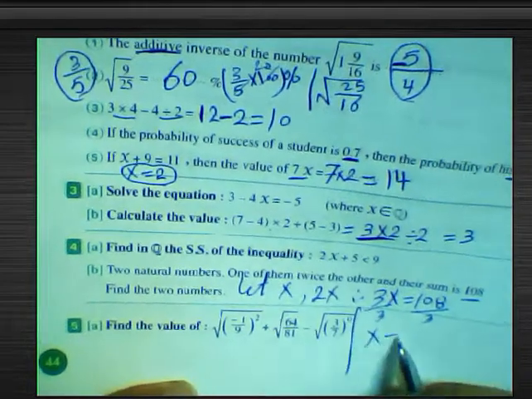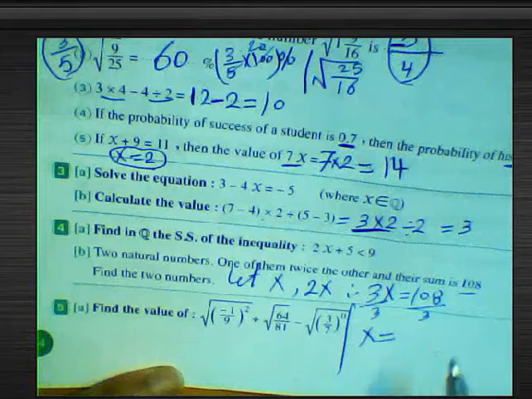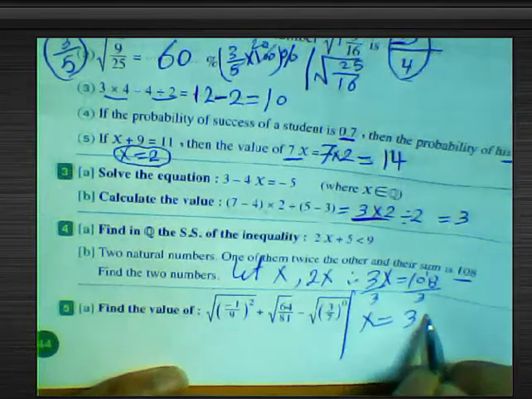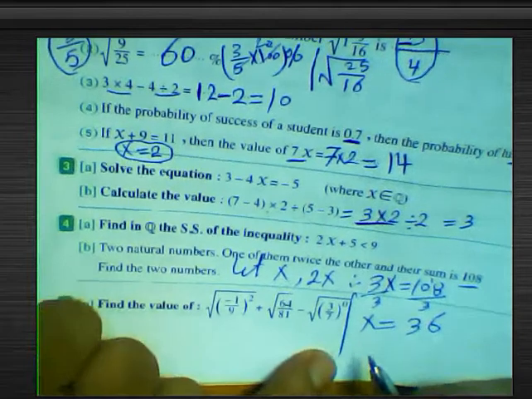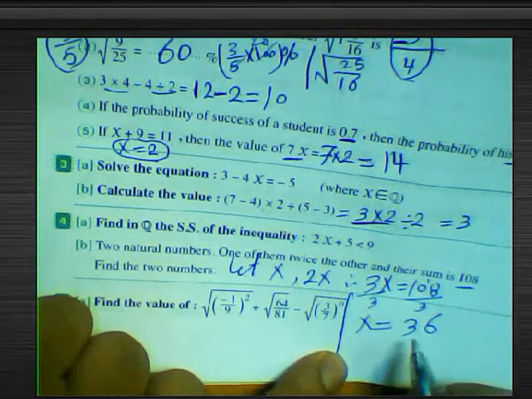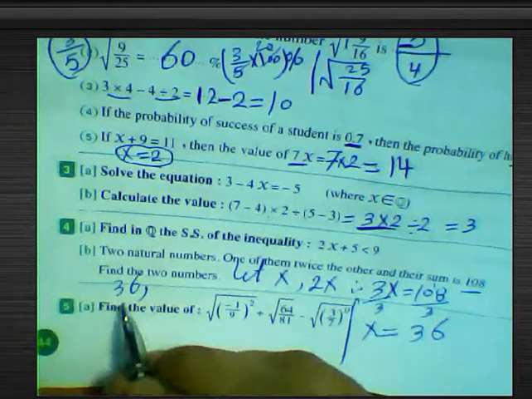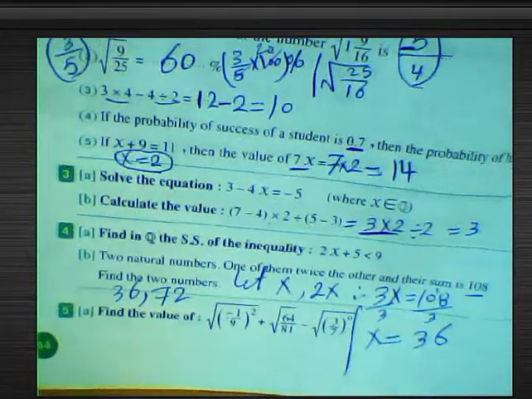Then x will be 108 divided by 3. 10 divided by 3 equals 3, remainder 1; 18 divided by 3 equals 6. So the first number will be 36, and the other, twice 36, equals 72.